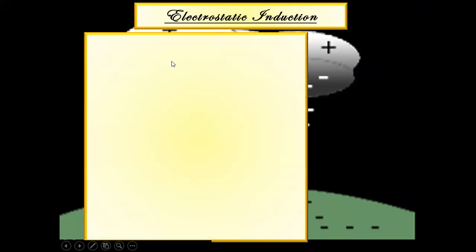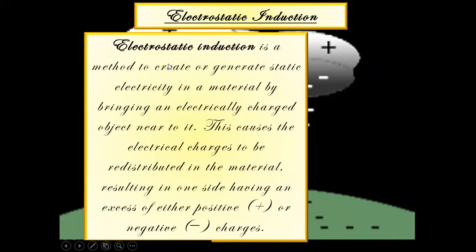So now, electrostatic induction. A positively charged object will attract or pull a negatively charged object, but objects having the same charge will repel.